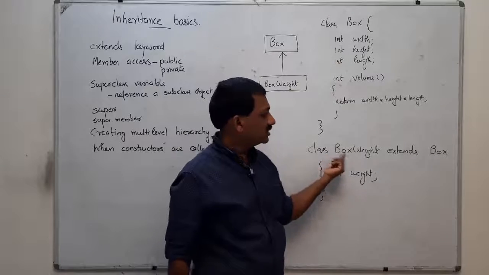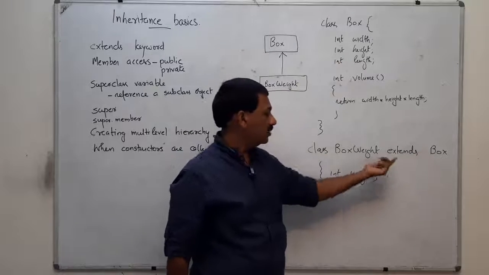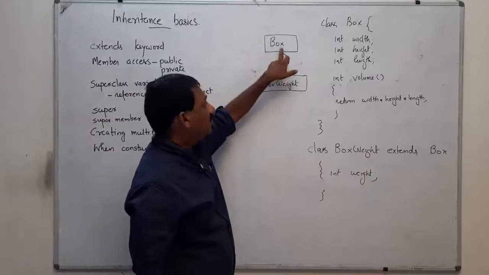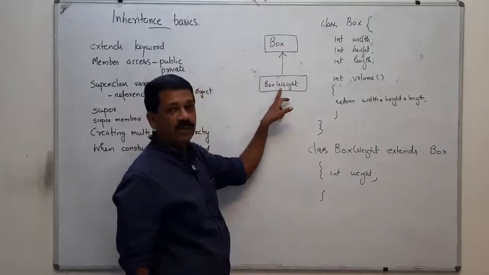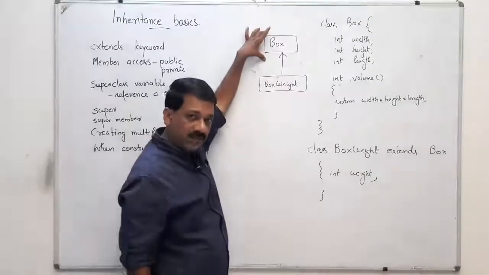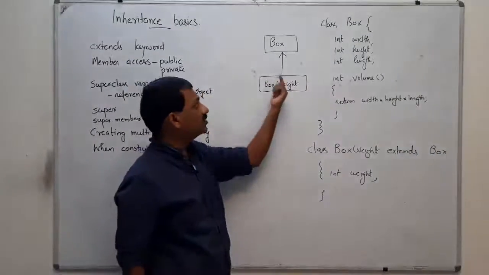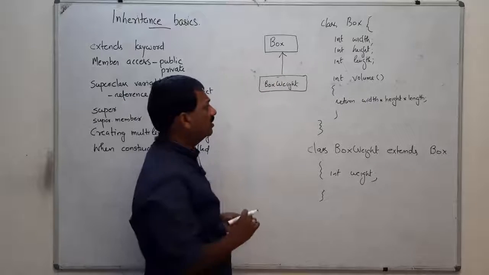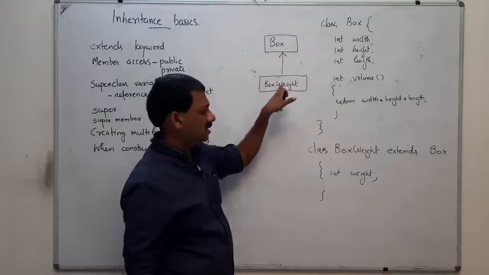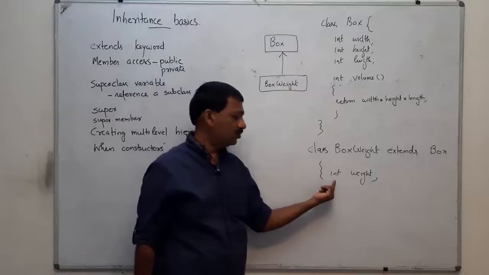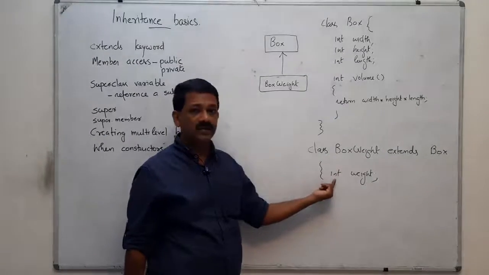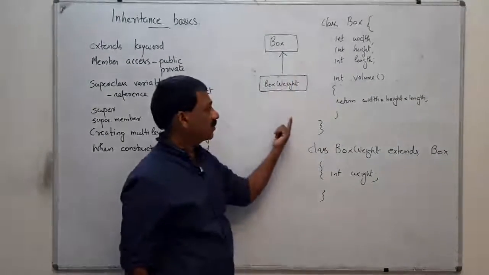Here box weight is a subclass. This is the base class and this is the subclass. Class box is the base class and box weight is the subclass of box. And box weight inherits all the properties of box plus a new attribute or property. So that's all about a subclass.